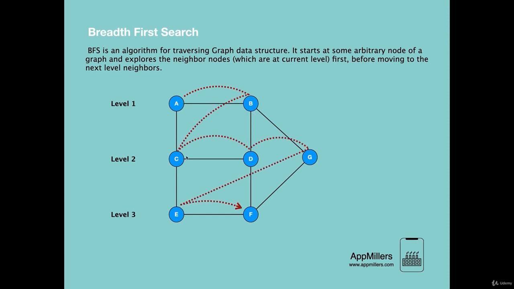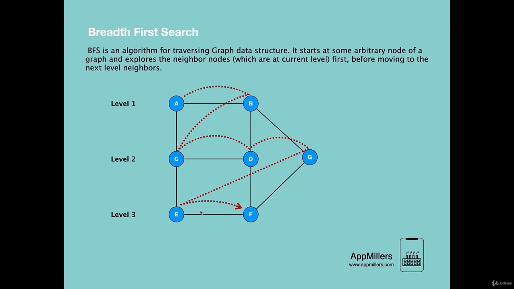We are visiting A, then B, then C, then D, then G, then E, and F. As you see, first we finish visiting the first level, then we continue to visit second level elements, and then third level elements. So from here you can easily see that BFS traverses the nodes in level order.